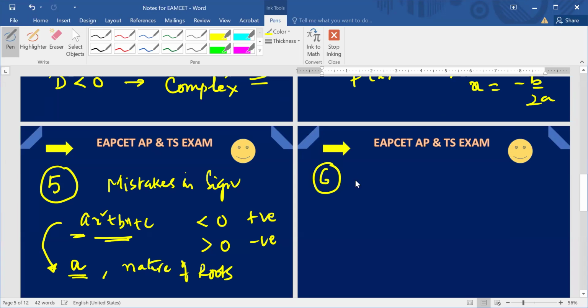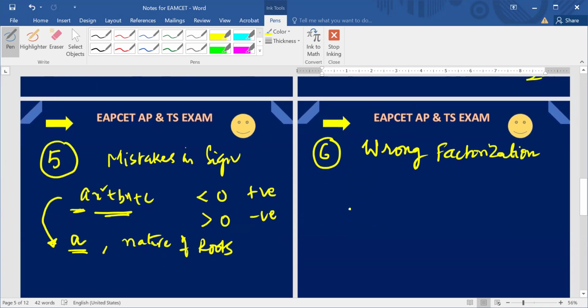Okay. Then factorization, generally we tend to do wrong factorization. In quadratic expressions and equations, factorization is a very, very crucial rule, and it is used everywhere in mathematics. Suppose you have x square plus 5x plus 6.